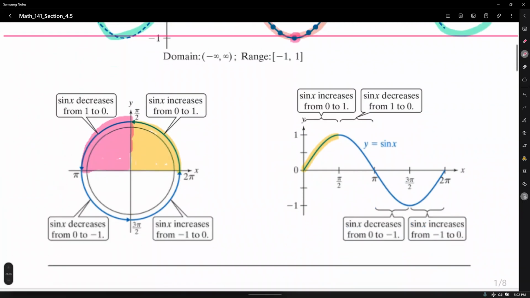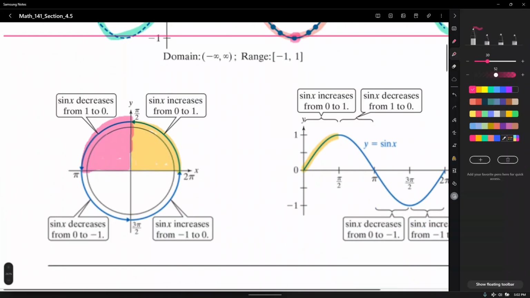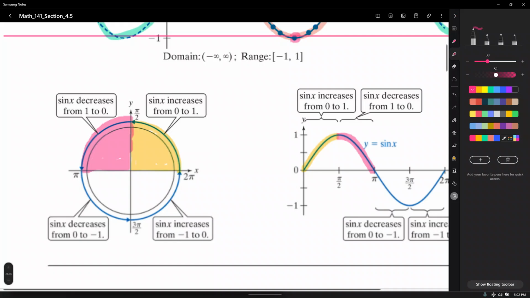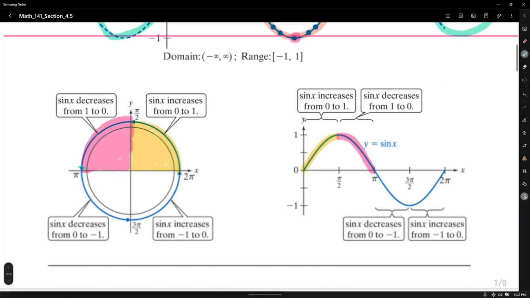Okay, so let me make that a little less bold again. So that'll be the second part of the graph right there. And then the third part of the graph, the values actually keep decreasing, going from 0 down to -1 for the y values.